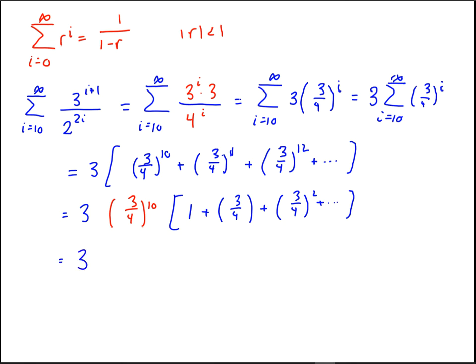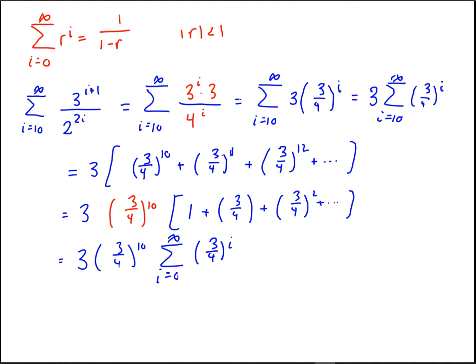Now I can write that again in sigma notation. This is the sum of 3/4 to the power i, and now i starts at 0. This is 3/4 to the 0, 3/4 to the 1, 3/4 to the 2, and so on. Now, at long last, my indices are correct. My r is 3/4. My powers work correctly.